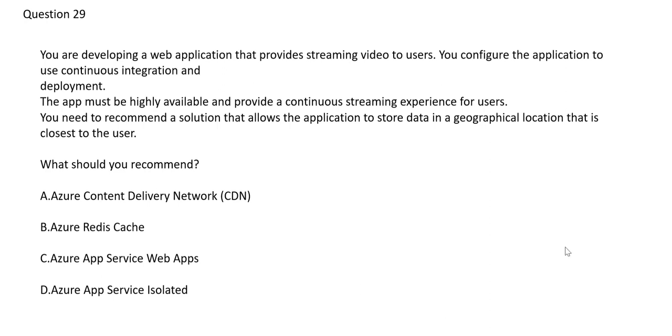So here it says app should be highly available and provide continuous streaming, exactly like Netflix does. The second thing is you need to recommend a solution that allows application to store data in a geographical location that is closest to the user. For example, if you're watching Family Man, so that is closest to India, so it will be somewhere in that geographical region.